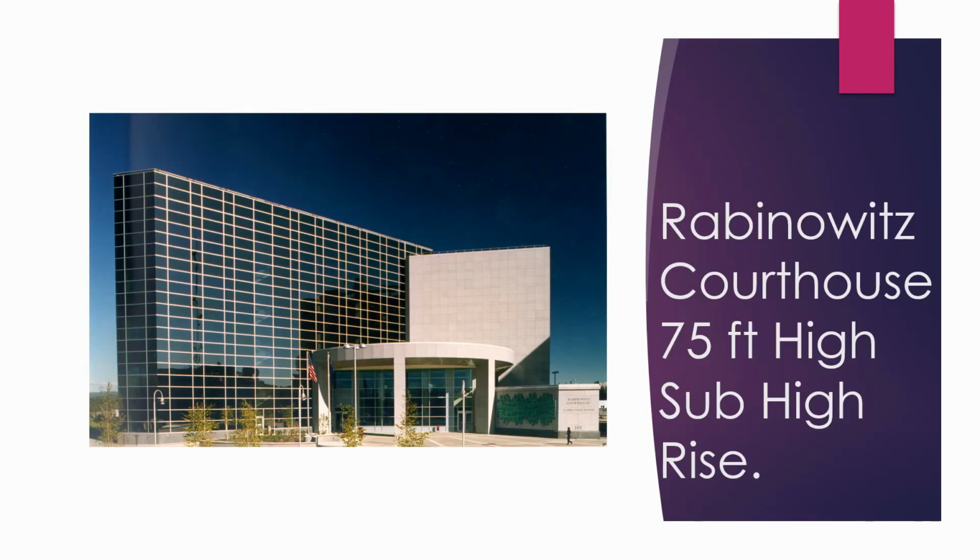So here is the building that our company became first aware of problems with sensing stack pressure. This building is 75 feet high. It's got a large two-story entryway that you can see there. Everybody enters through those double doors.